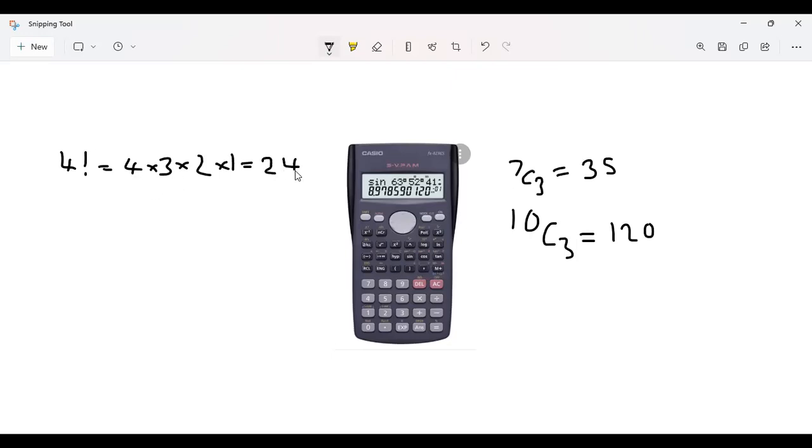You can simply calculate on the calculator here, 4, then shift, then this pattern just below shift. Those that are using a Sharp, under 5 or 4 somewhere, there's an n factorial. So what is 4 factorial on the calculator? And give me 5 factorial, and give me 0 factorial.